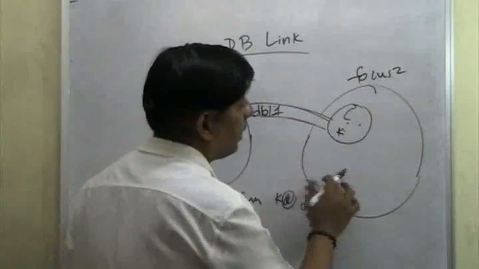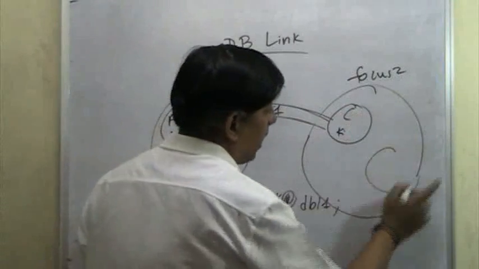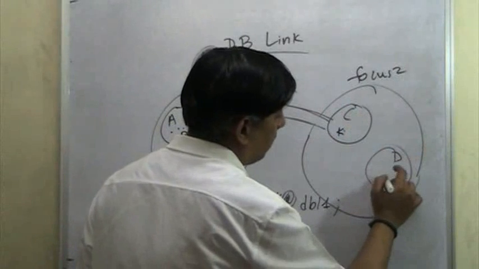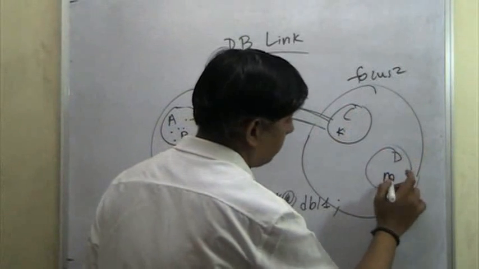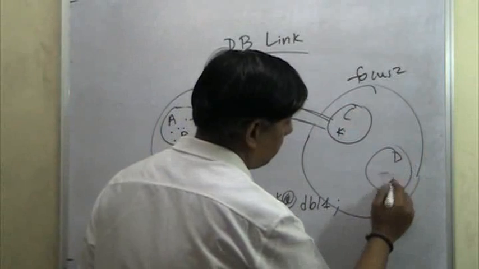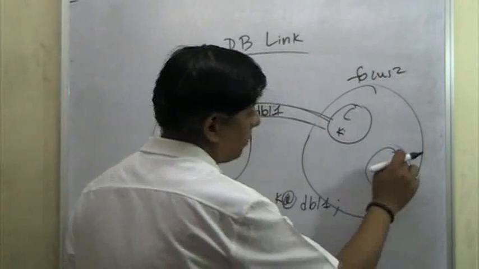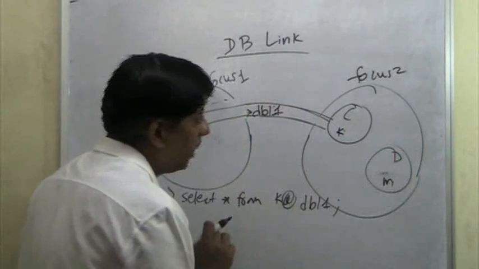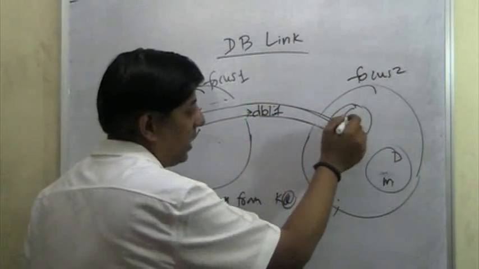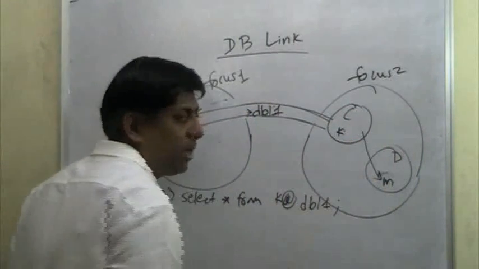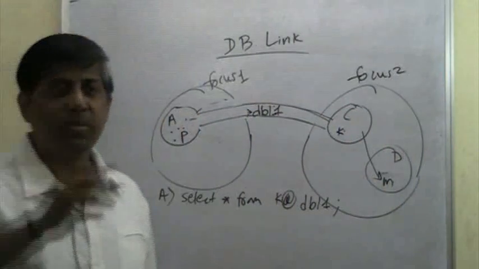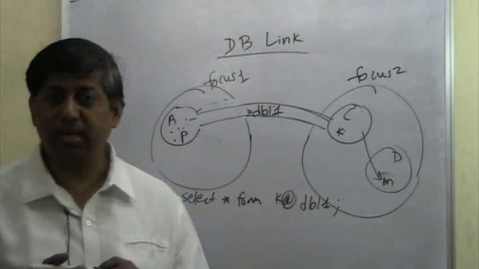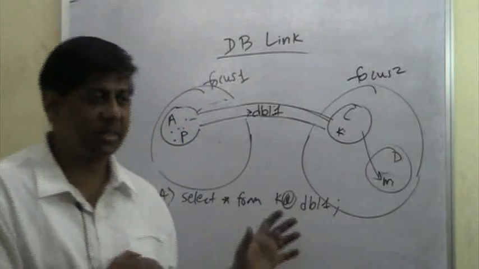But now in this database, there is user C, and there is a user D here, and there is a table called M. Okay, this is user D and table M. This user C has a select privilege on table M, which is owned by user D. Okay, I have just complicated the situation now.